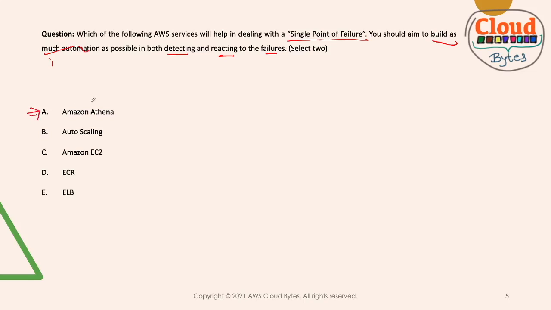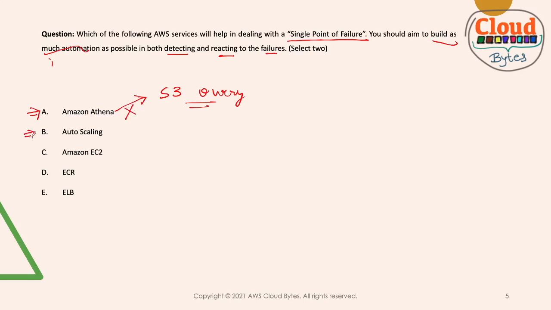Amazon Athena is basically a service that can use S3 as a source and do queries. So does that help with single point of failure? I don't think so. So we can discard Amazon Athena, it's not a correct answer.